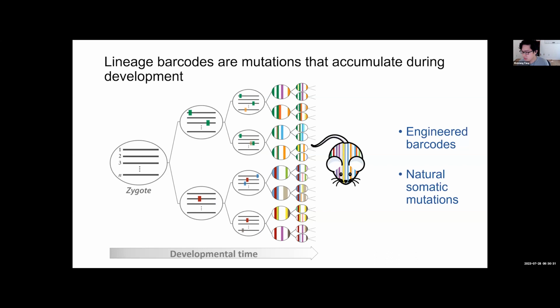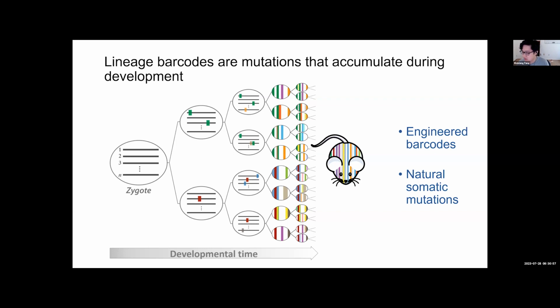So along this line of thought, taking this further in a more modern approach, fully taking advantage of the advancement in sequencing technologies, we reach where we are now, which is what we call lineage barcoding. You can think of it as a multiplex way of the traditional lineage tracing. So lineage barcodes are loci in the cell that gradually accumulate mutations during the development.